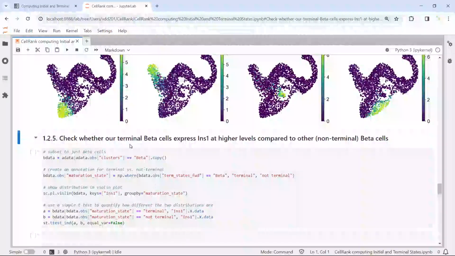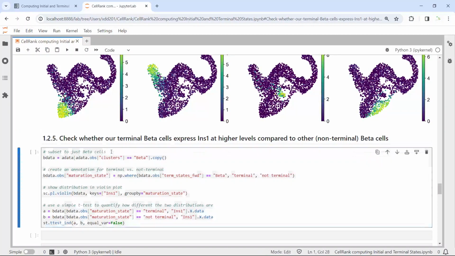To do this, we can compare the insulin expression level in the terminal beta cells with the other non-terminal beta cells. So we can subset the beta cell population from the AnnData, then label terminal beta cells as terminal and other beta cells as not terminal.